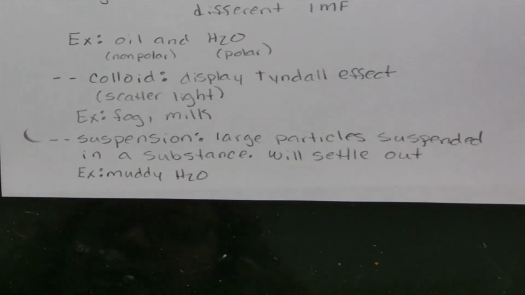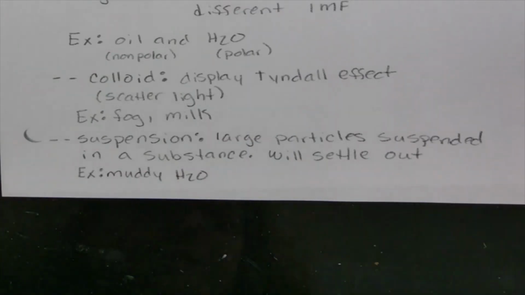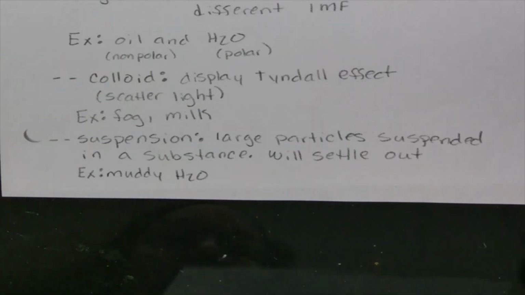The mud will fall down to the very bottom of the container. Some medications are also suspensions. So if you get a medication that tells you to shake well before use, chances are that medication is a suspension, and you need to shake well in order to mix it up so that you are getting the correct dose.